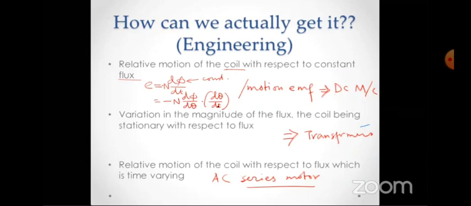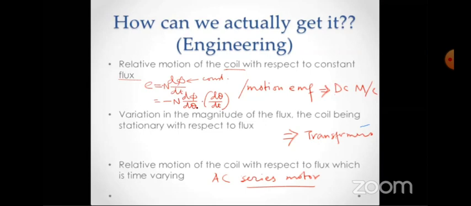Your point is very correct. Even if we are moving the coil, if this part, that means d phi d theta, is 0, then the induced voltage will be 0. Right?